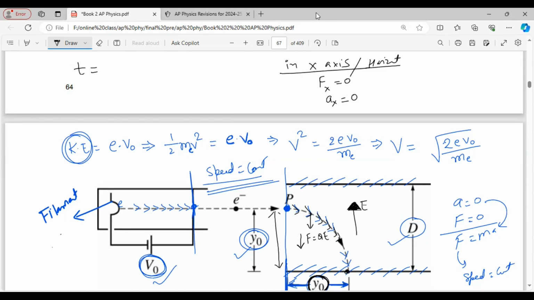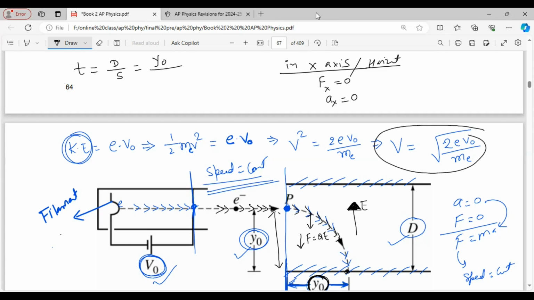So we can find the time very easily. The time will be distance upon speed. So what's the distance? Horizontal distance. We are interested in horizontal distance. So horizontal distance is y naught. Speed, we already calculated this. This was the horizontal speed, as we see.